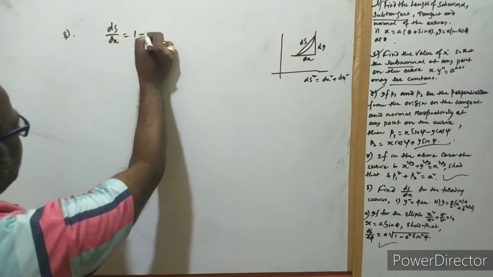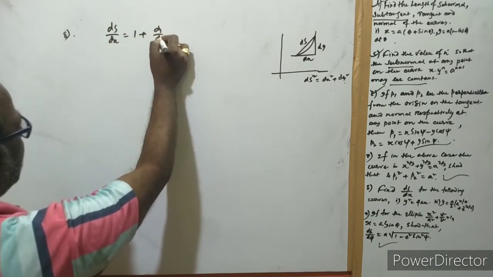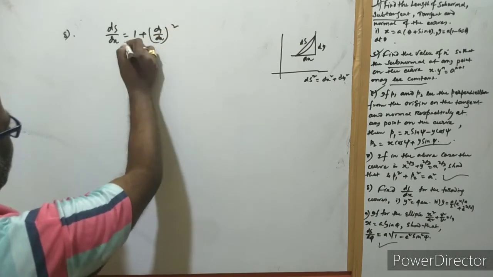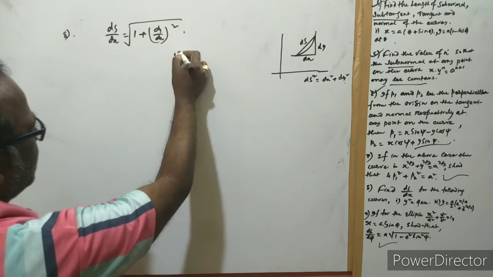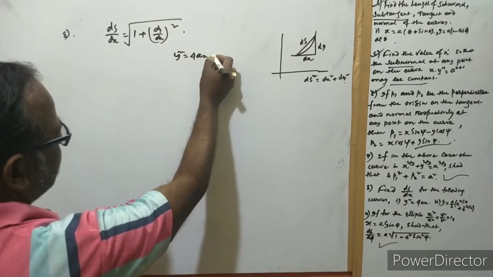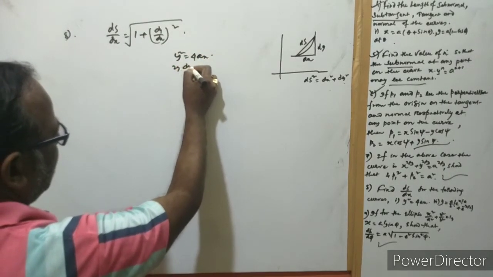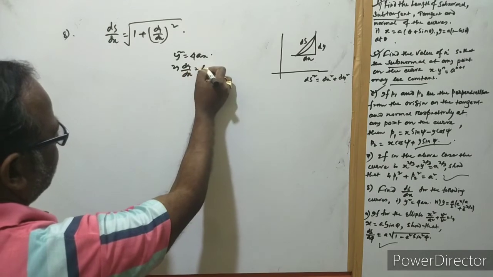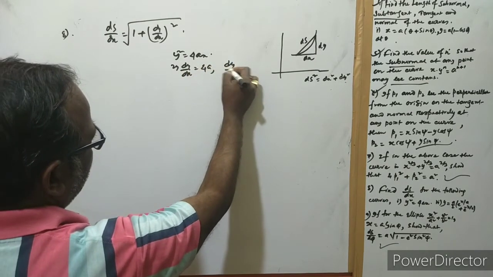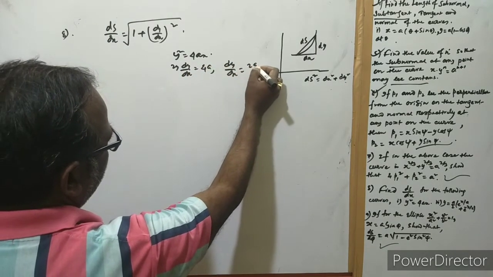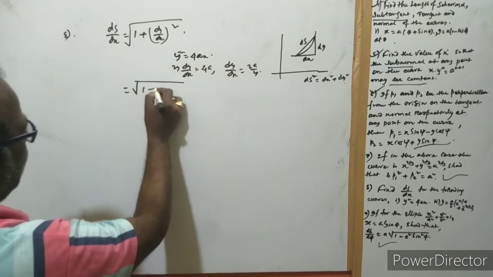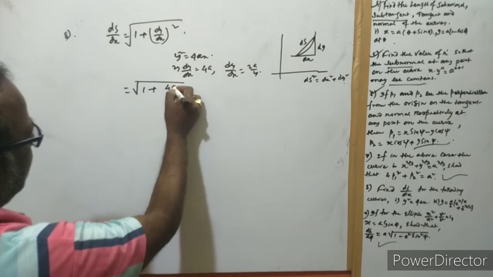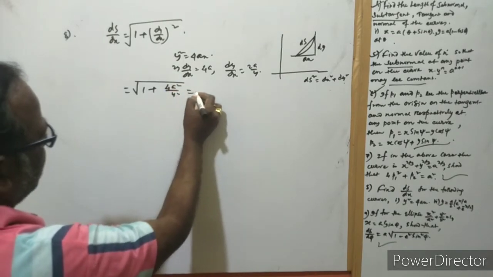So this is equal to root of 1 plus (dy/dx) whole square. Okay, now here y square is equal to 4ax, so twice y dy/dx is equal to 4a, and this is your dy by dx equal to 2a by y, and now this is root over 1 plus 4a square by y square.